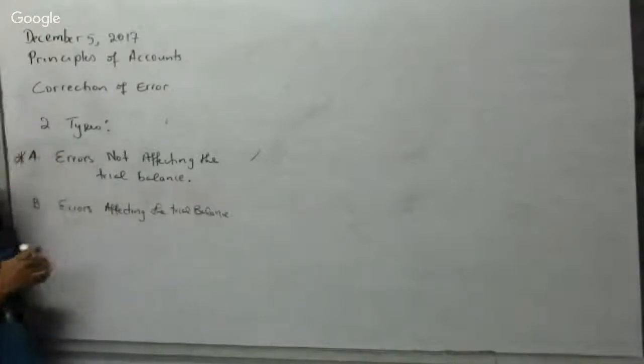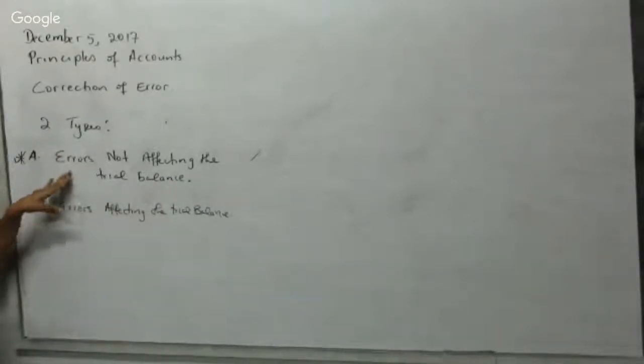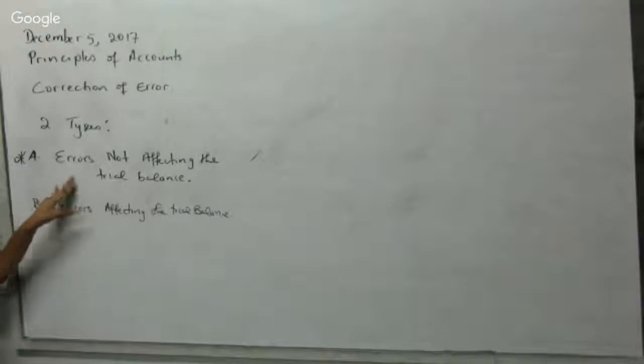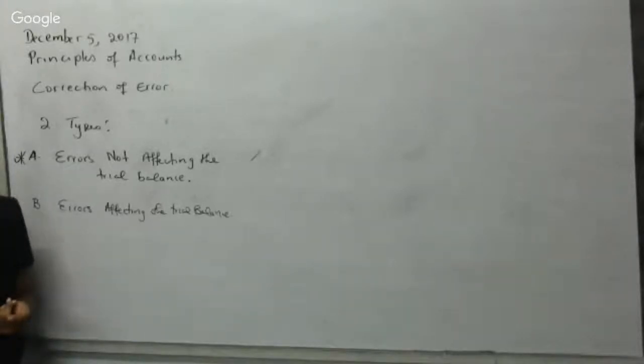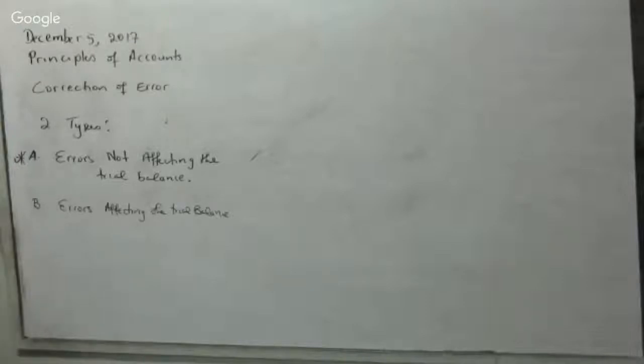Now, what this means is that these are errors that, when they are made, do not show up in your trial balance. Your trial balance is still going to be equal. Remember when we had done our ledgers and you extracted the trial balance, we had said that once the trial balance was balanced, everything is fine? Not true. Sometimes your trial balance can be balanced and yet there are errors in there.